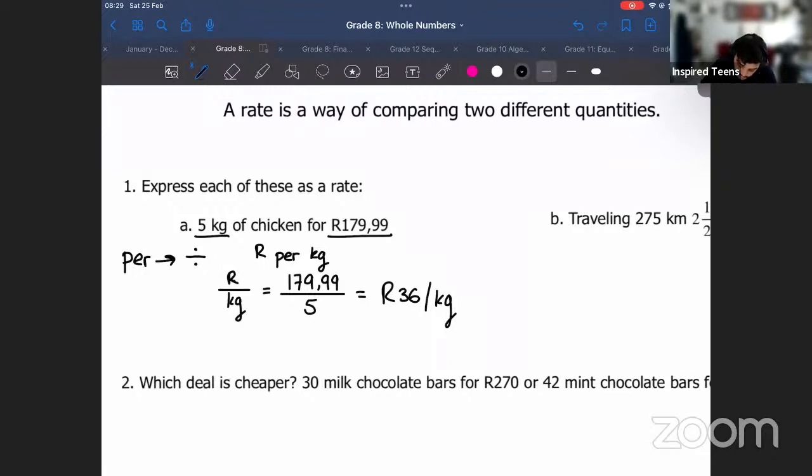So if I want to calculate the kg per rand value, the amount of kgs I'm getting per rand, I would then say 5 over 179.99, and I get an answer of 0.0278 kgs per rand, or per 1 rand. If you convert it to grams, you're going to get about 27.8 grams of chicken.